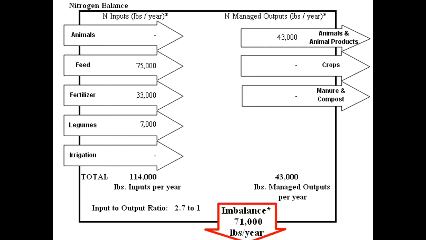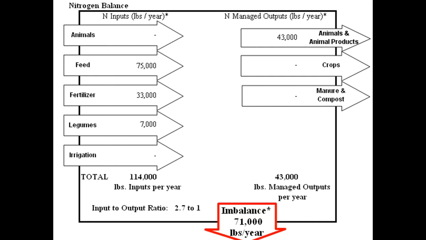Also, if we're pumping on any irrigation water, in most situations in the east, this is not going to be an issue because there is negligible nitrogen or phosphorus in the water from the river that we might irrigate with, for instance. But there are some situations, especially out west, where you might be irrigating with gray water that may contain nutrients. So we need to quantify all of those nutrients onto the farm.